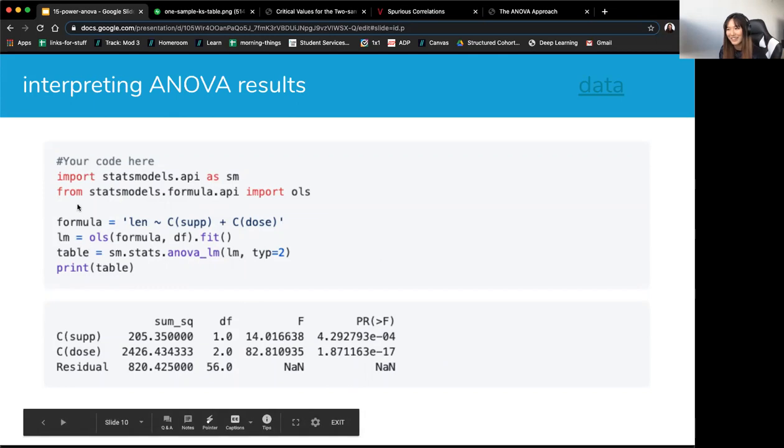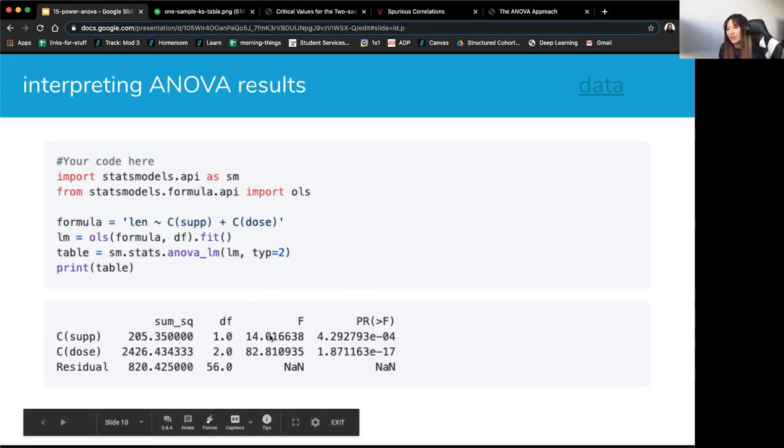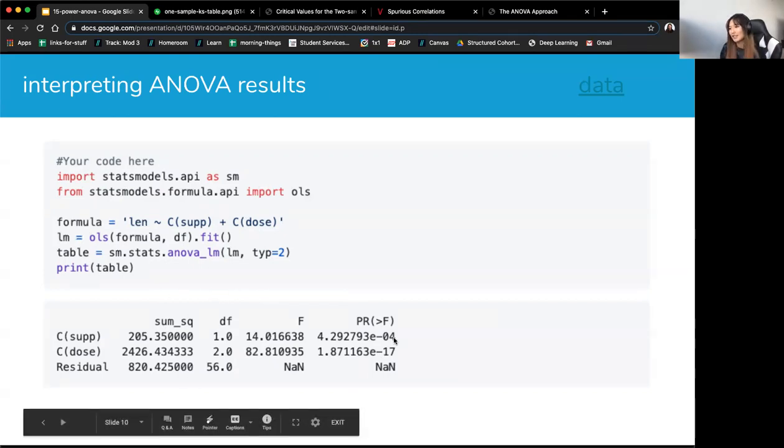This is what you'll be coding. Basically, OLS that we're importing here is ordinary least squares, which is the kind of linear regression that we're going to be doing. And to get this ANOVA output, it is an output of our OLS model. And basically you see here, this is an ANOVA output.